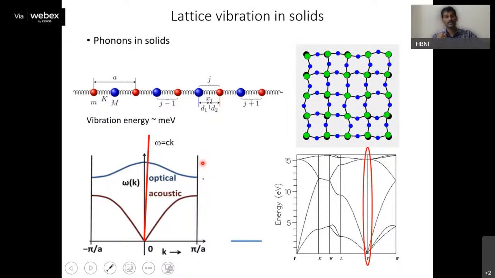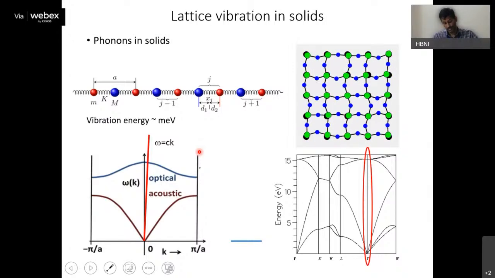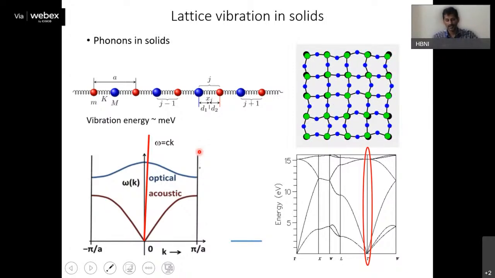So when we do any optical measurement on an amorphous solid, what we get is the phonon density of states, because the selection rule is relaxed, and because of that we can access all the modes in the phonon density of states.